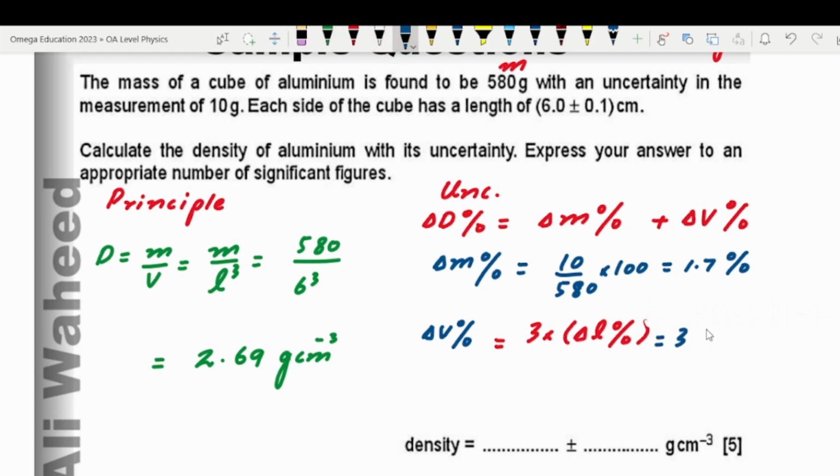So 3 times the percentage uncertainty in L, which would be 0.1 divided by 6 multiplied by 100, and what do you get from here? You get 5%. So 5% is the percentage uncertainty in volume, 1.7% is the percentage uncertainty in mass.